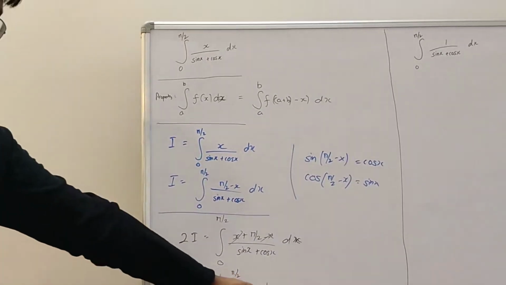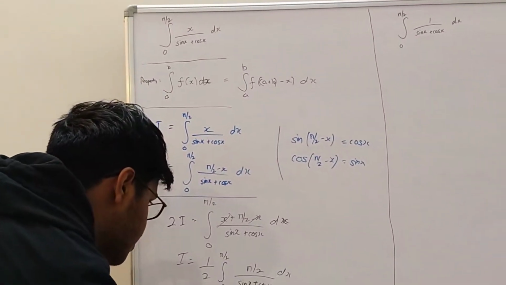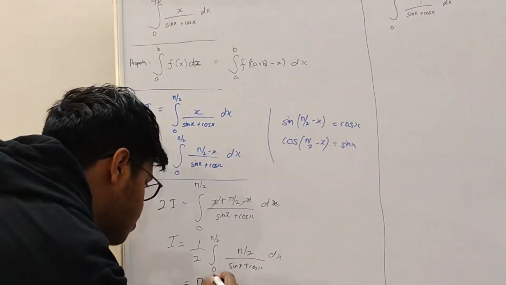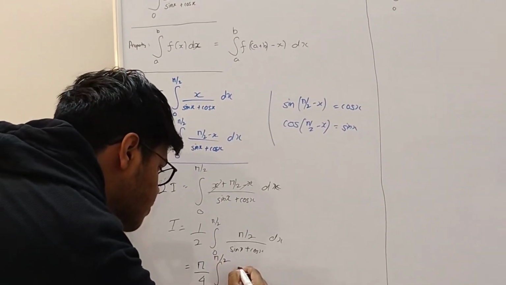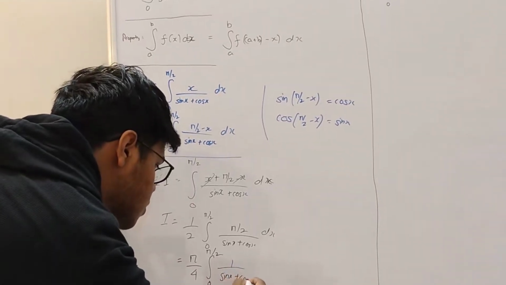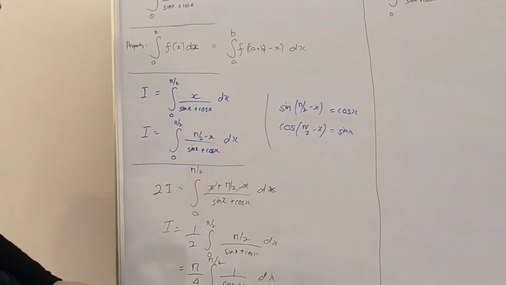And again we can take the constant term outside. So we get pi by 4 times the integral from 0 to pi by 2 of 1 by sin x plus cosine x dx.